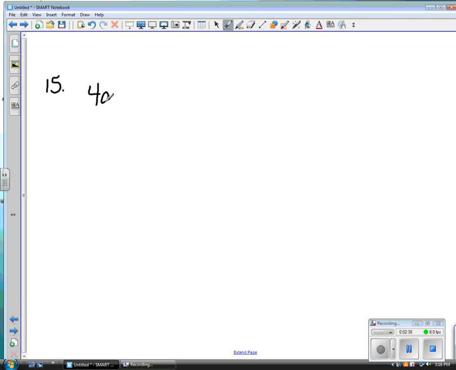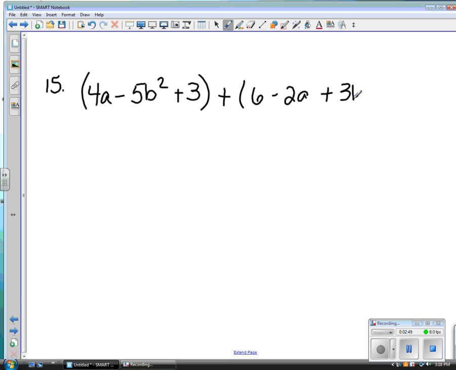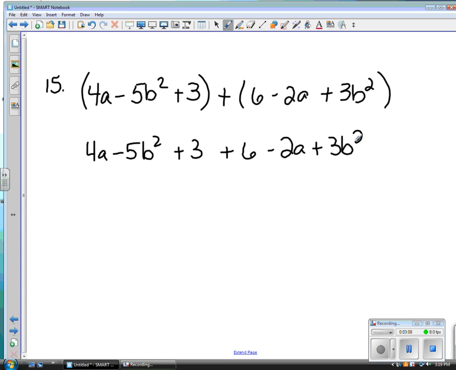15. Again, nothing to do with any of the grouping symbols. This is a plus, so I'm just going to get rid of the grouping symbols. I'm going to rearrange so my terms are alike.